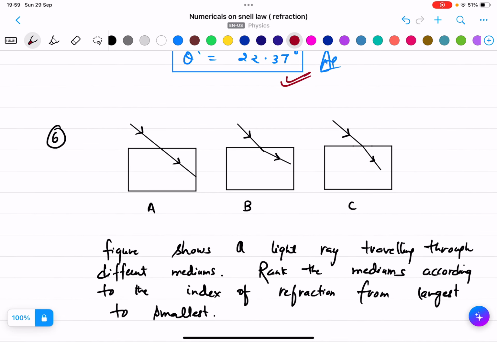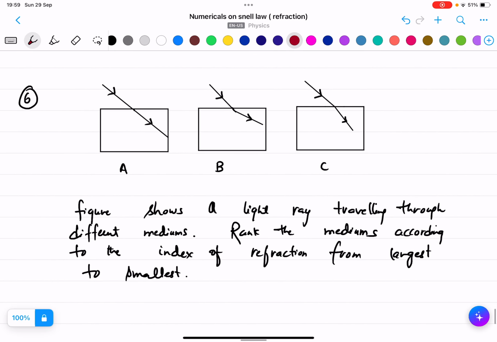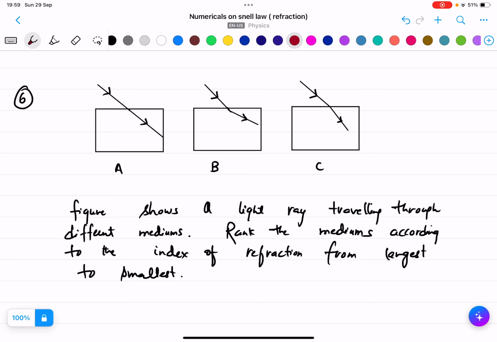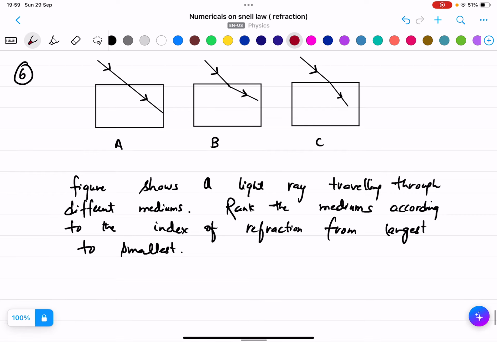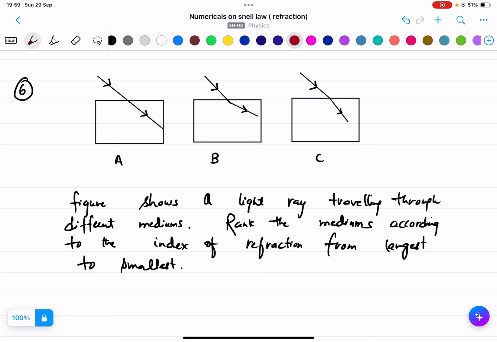Now question number 6. Figure shows a light ray traveling through different mediums. Rank the mediums according to the index of refraction from largest to smallest. When such types of questions are given to you, you need to draw a normal ray, like this.